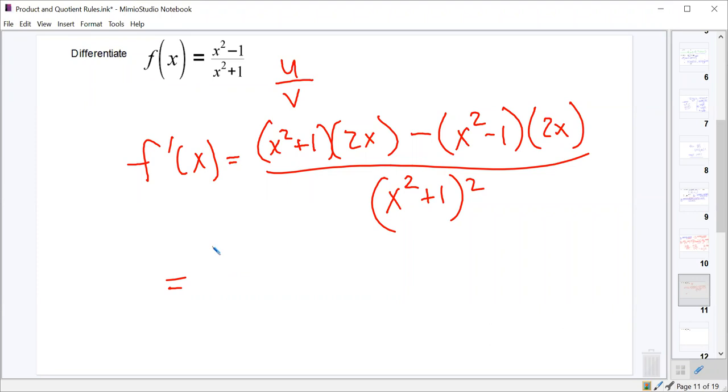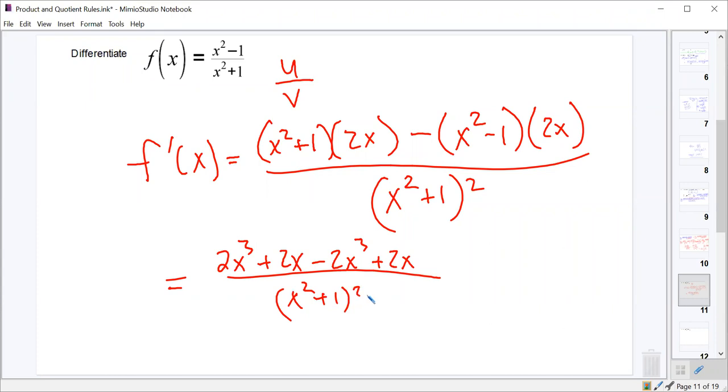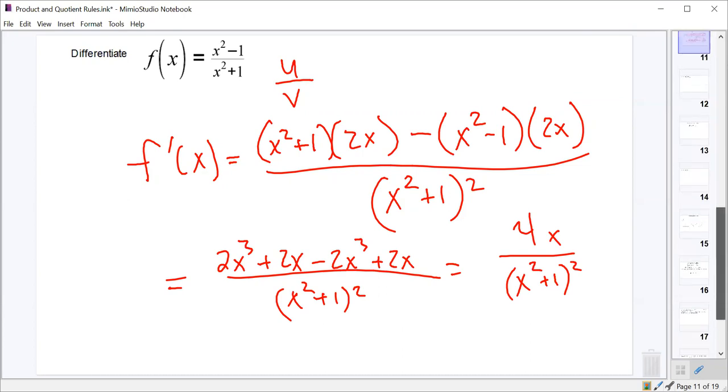If we wanted to distribute this out just to see what it looked like, we'd get this. And that'd be our fully simplified version. Everybody okay with that? Yes.